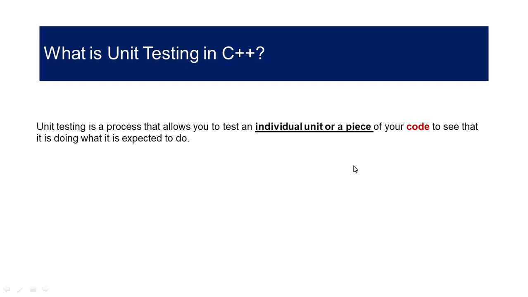If a piece of code is tested and it behaves as it is expected to, you can say your code or unit test passes. If it does not behave as it is expected to, you can say your code or unit test fails.